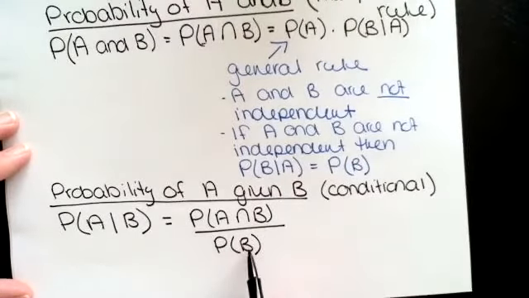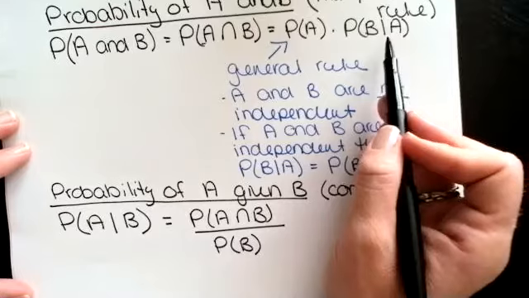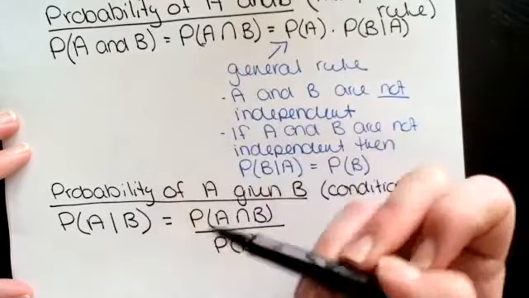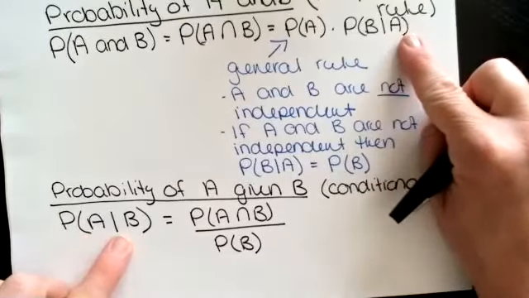When you divide by the probability of just one of them, it's not whichever one you choose, it's always by the second one, by the restriction here. Okay, so up here you can see I had A and B interchanged. So that's why it would be the A in the denominator on that one. So it's the same formula, just moved around.